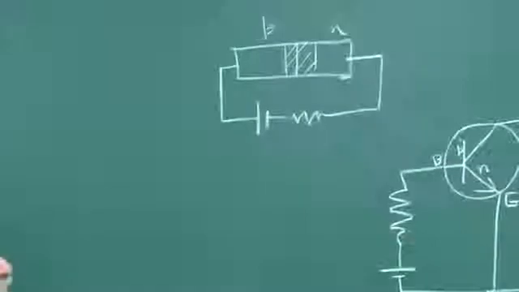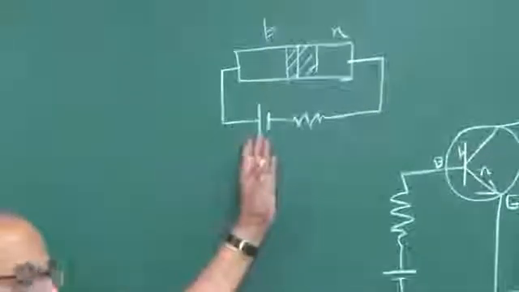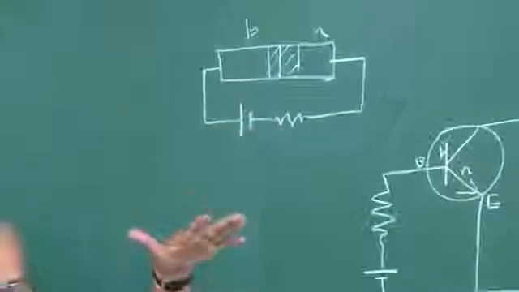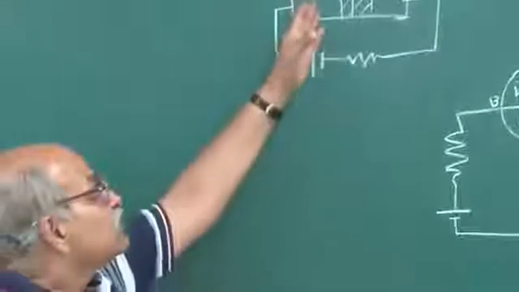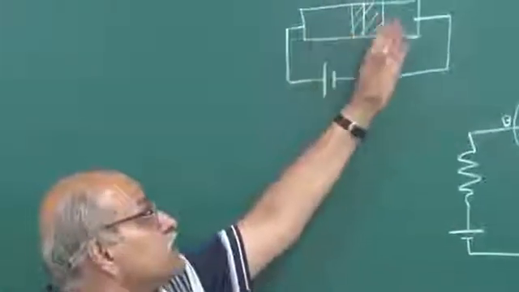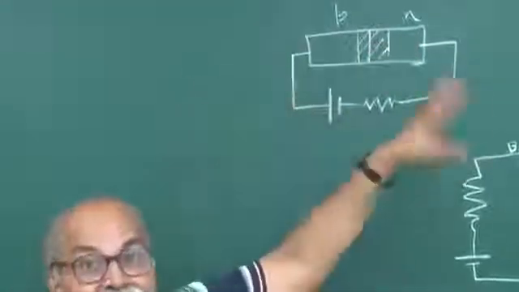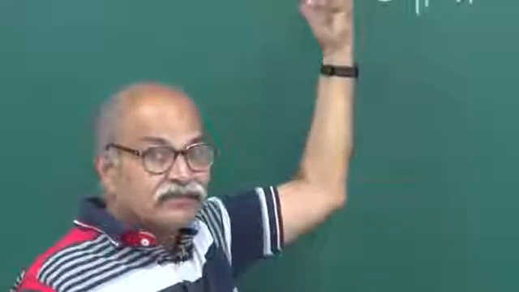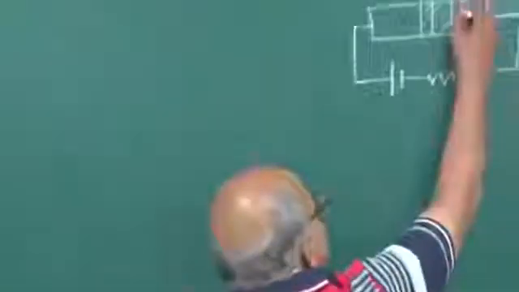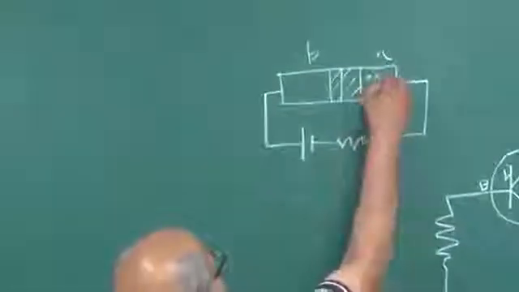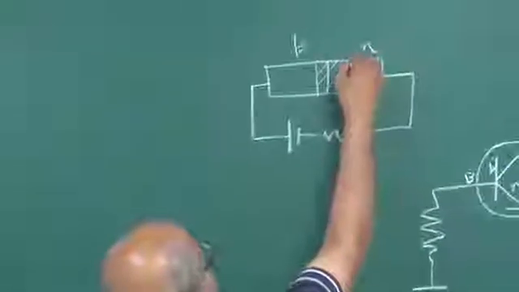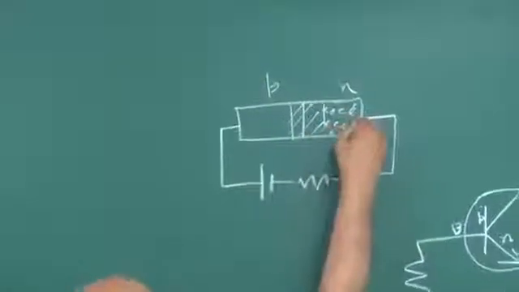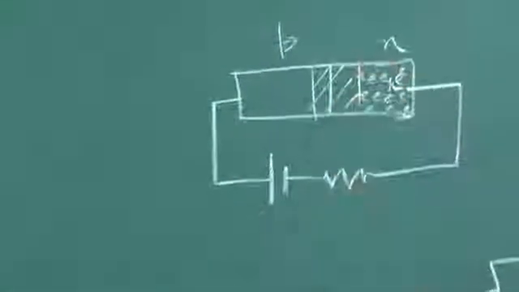So, what happens? Because of this biasing, the potential barrier decreases, and because of the large concentration gradient, majority carriers from both sides diffuse to the other side. Okay? So, if you have a large number of electrons here, free electrons, conduction electrons, large number of conduction electrons here, small number of holes.